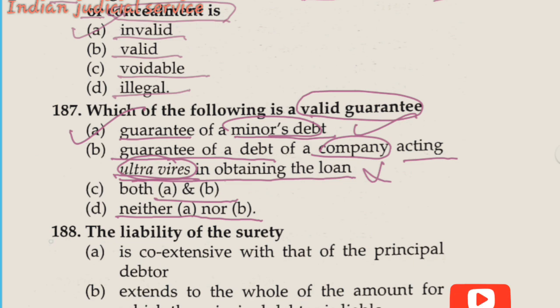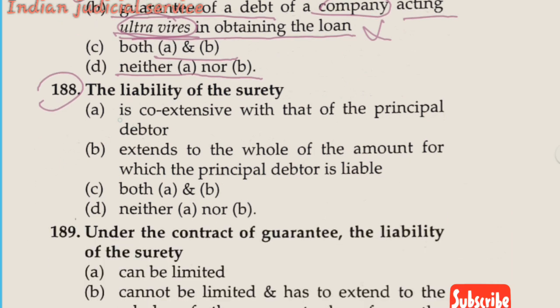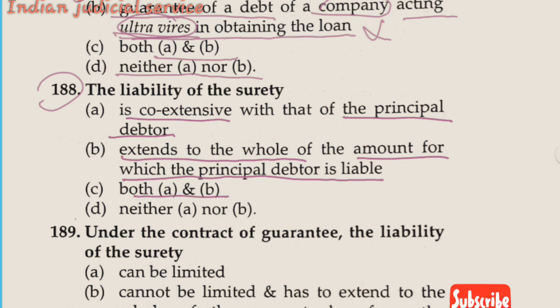Now question number 188, the liability of surety is option A, co-extensive with that of the principal debtor. Option B, extends to the whole of the amount for which the principal debtor is liable. Option C, both A and B. And option D, neither A nor B. So this question is directly related to section 128.